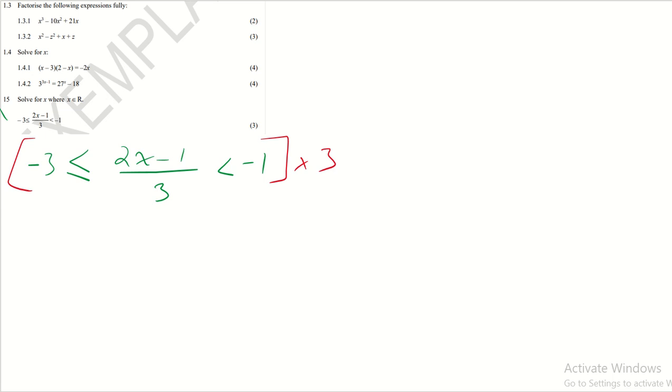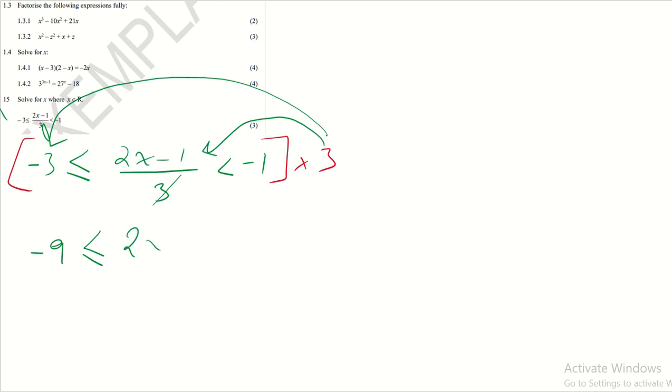Then 3 times -3 is -9. 3 times this here will cancel this, so we'll divide that. The inequality is not going to change because we are multiplying with something positive.